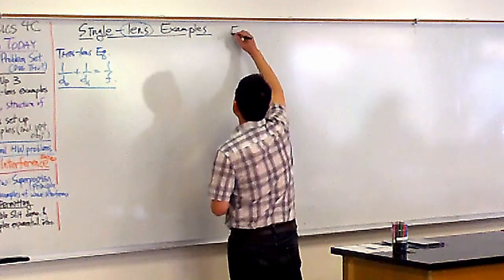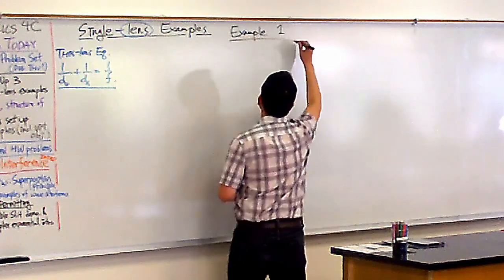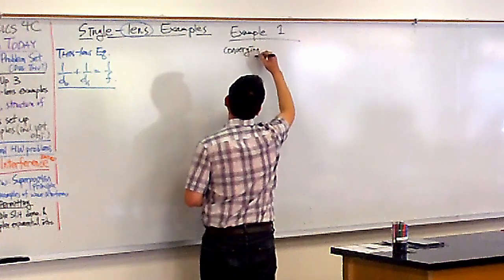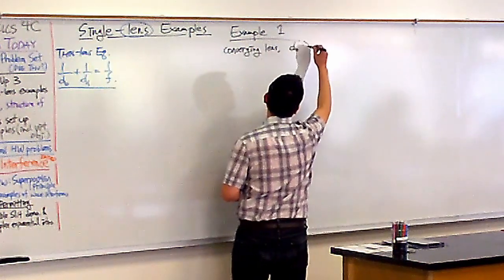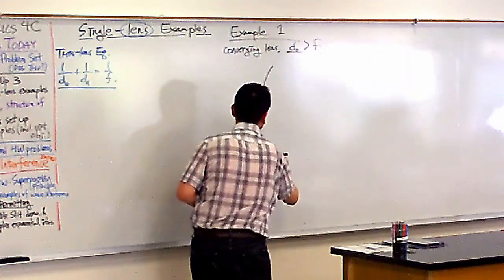So example 1 is with a converging lens, and the object distance is greater than the focal length. So here's the lens.